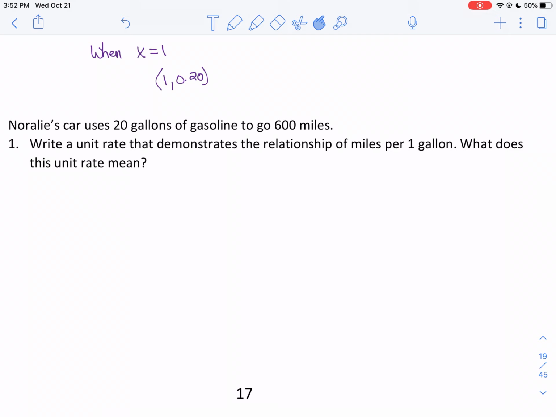Write a unit rate that demonstrates the relationship of miles per 1 gallon. What does this unit rate mean? Okay, well, we want to know per 1 gallon. And a unit rate, right, is a rate in which the denominator is 1.